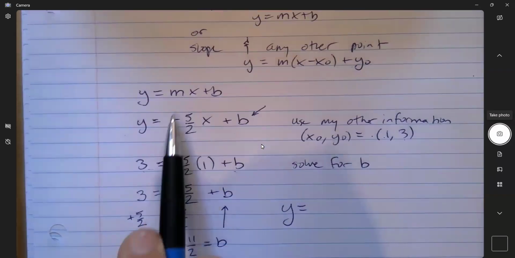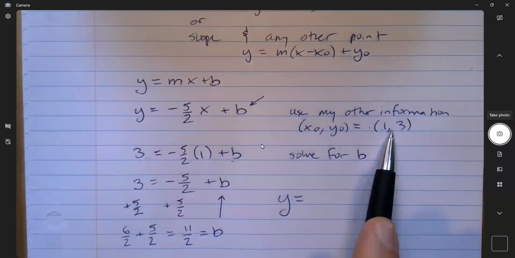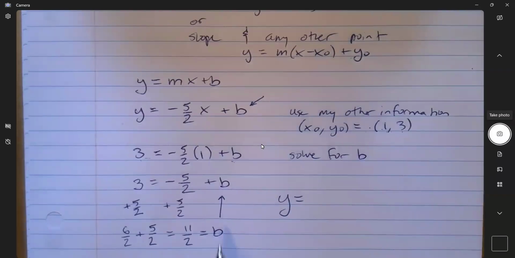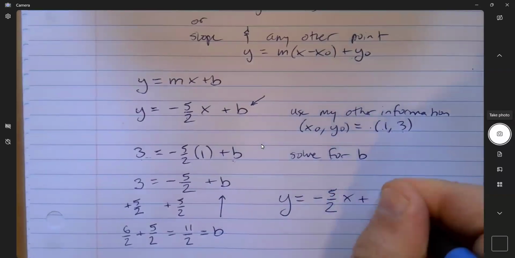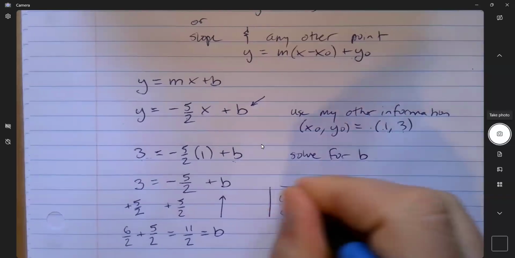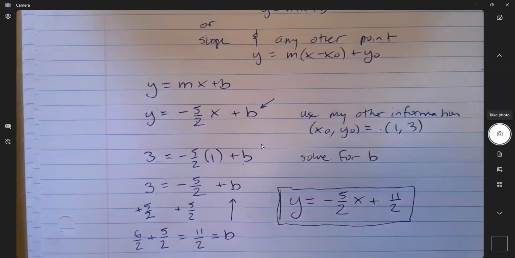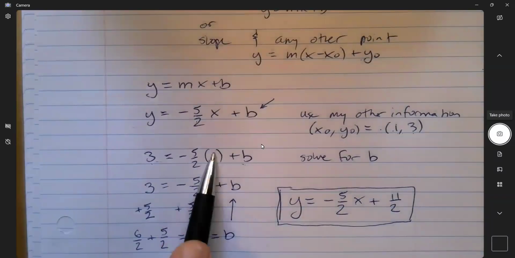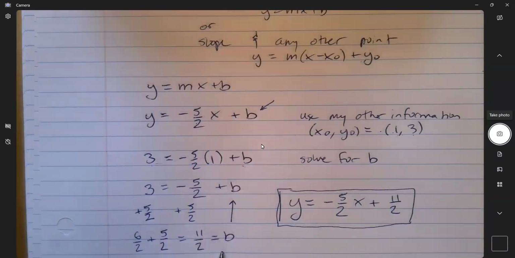I got the slope, and then I used the other pieces I know to solve for b, my missing piece of information, and now I can write down my formula with all the pieces. This is slope-intercept form. I generally recommend trying to get slope-intercept form. It's not too much work. You get the slope, you plug in an extra point, and you solve for the b value.